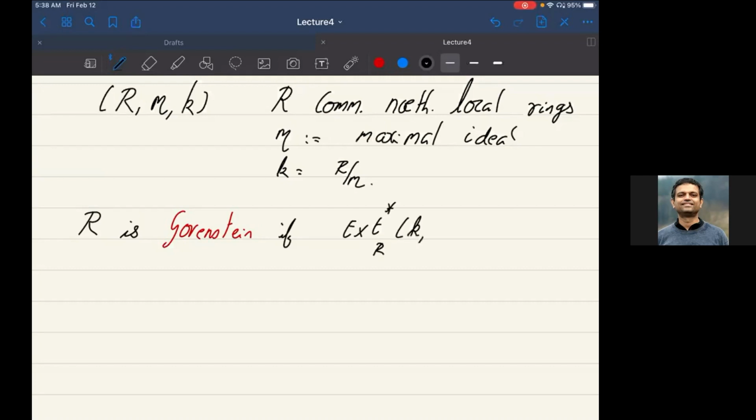If you look at all the Ext groups from K to R, this is just one dimensional and in some degree. Now, really, I'm talking about K, and one is thinking of K as an R-module via the canonical surjection. It's really a property of the map R to K.